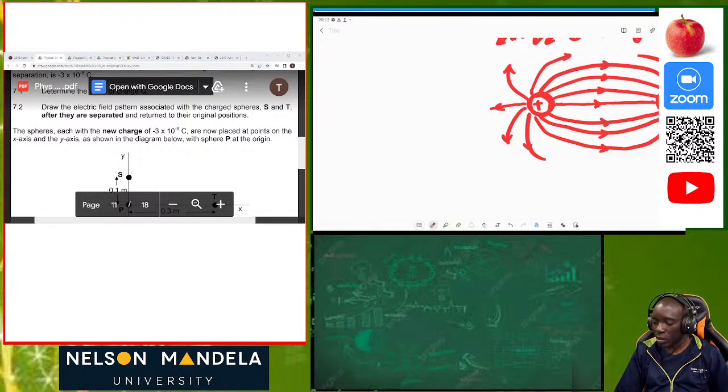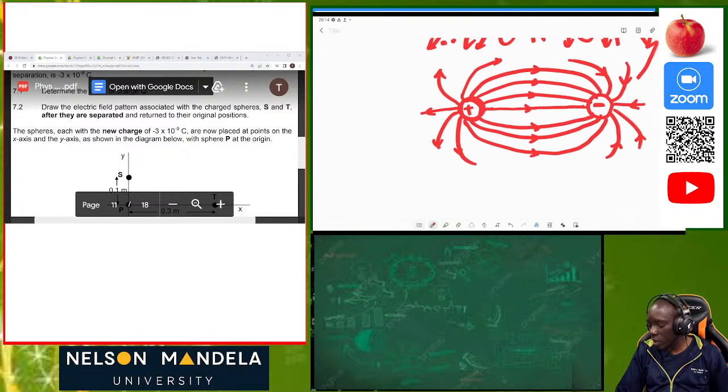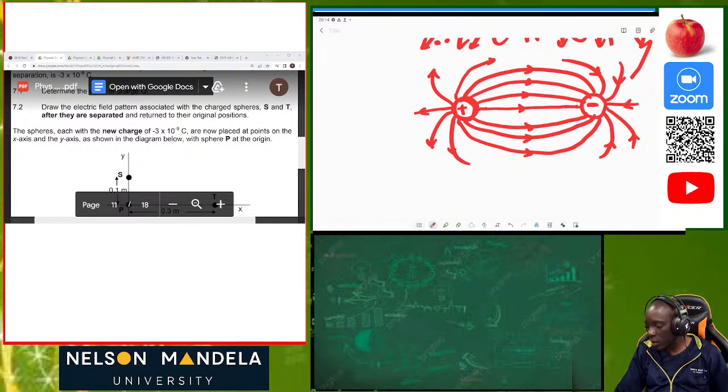So they should start at a point where they're in contact with the sphere and end at a point in contact with the sphere. So they should not hang. We should not be seeing spaces there. They should be in contact with the surface of the sphere. And then you should use arrows to indicate the direction of the fields.